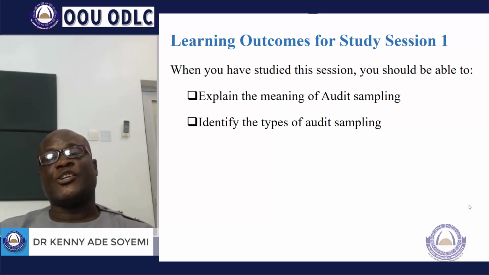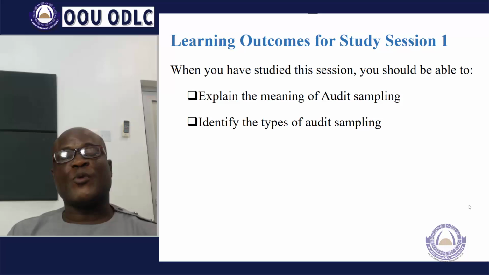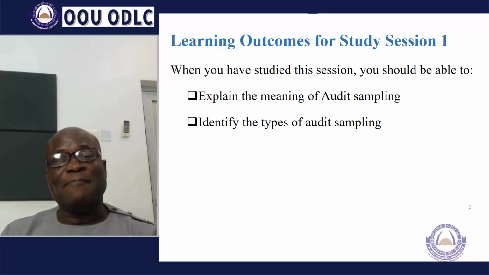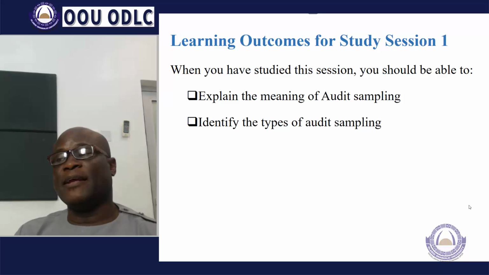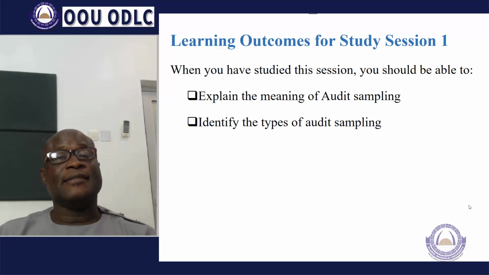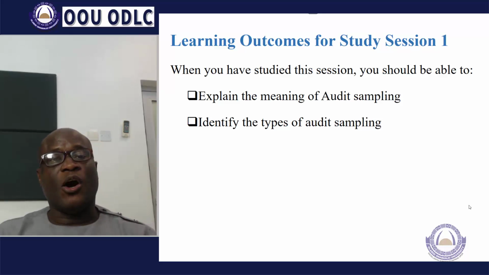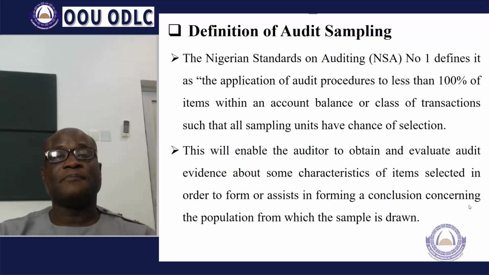At the end of this section, you should be able to explain the meaning of audit sampling, identify the benefits of audit sampling, describe the types of audit sampling, and discuss the processes involved in audit sampling.